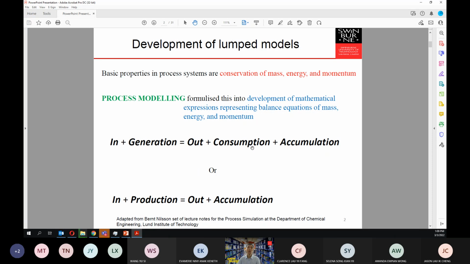So basically, if you move the consumption into the left-hand side, then the net production, which is the generation minus the consumption, will be equal to the production. Okay, so whether you want to adopt the top balance or you want to adopt the bottom balance, it doesn't really matter. It's the same for both. Okay.